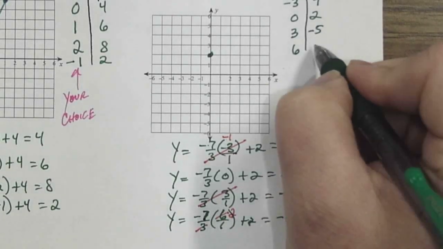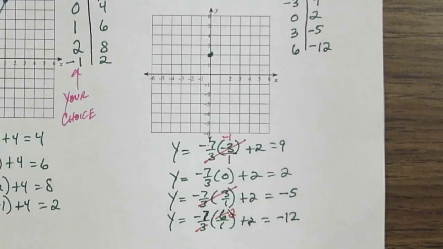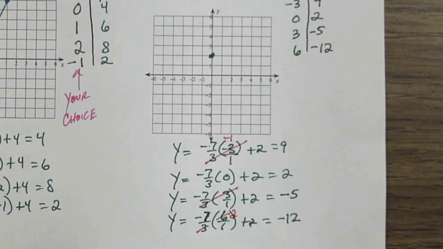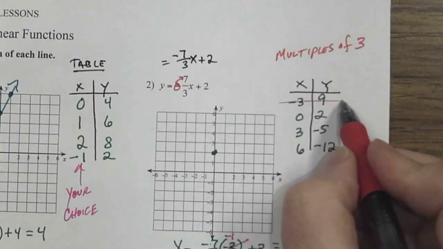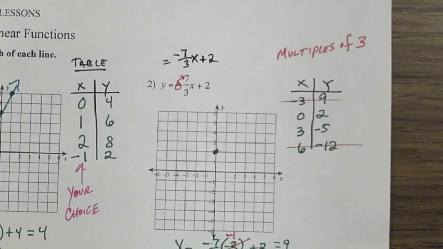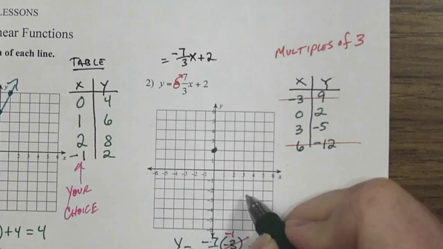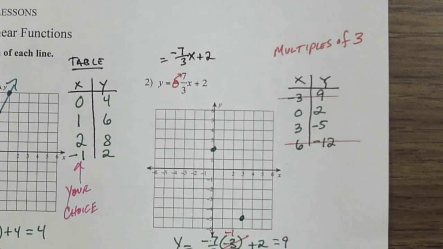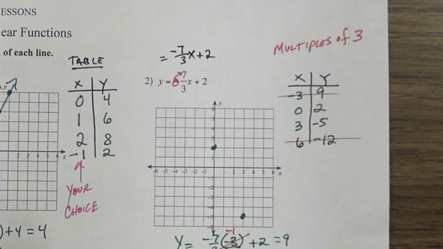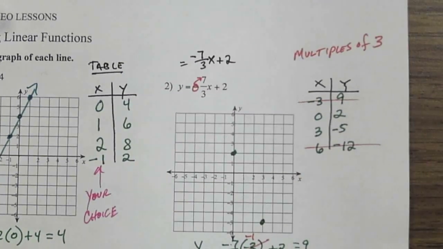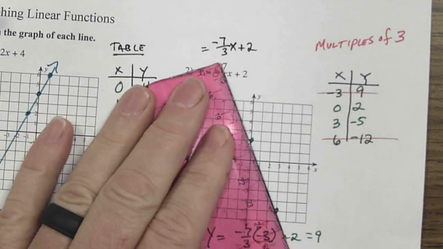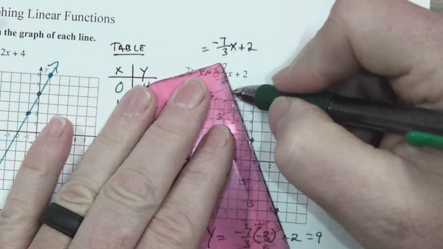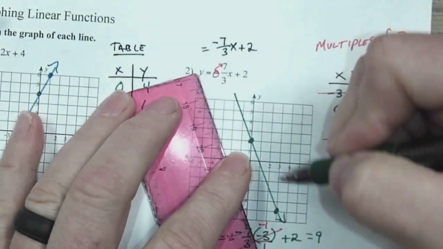Okay? So in all of this, I'm just plugging in numbers. This one and this one are bad because they go off the graph, but I do get over 3, down 5, way down there. And I have two dots, not 3 like I would usually like, but 2 dots, and I can graph.